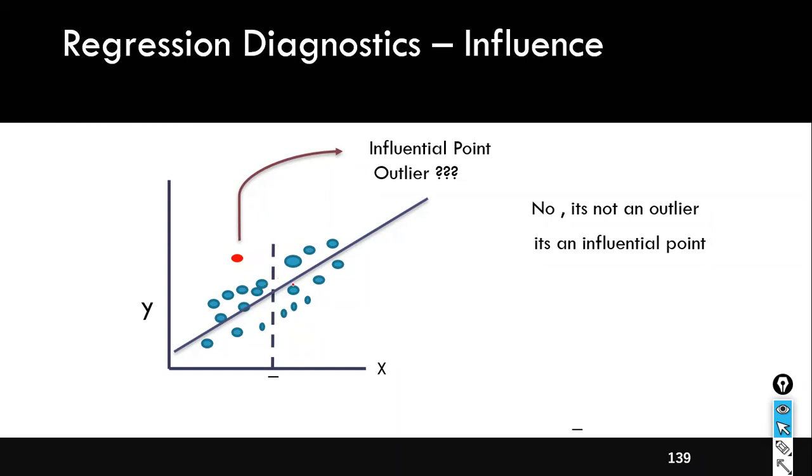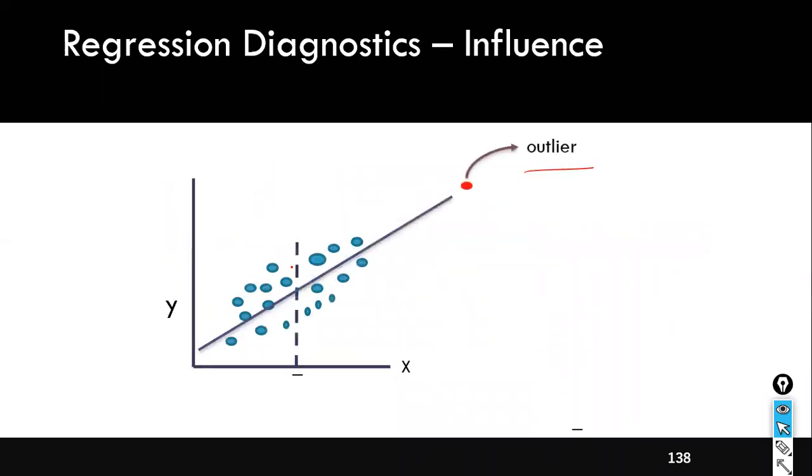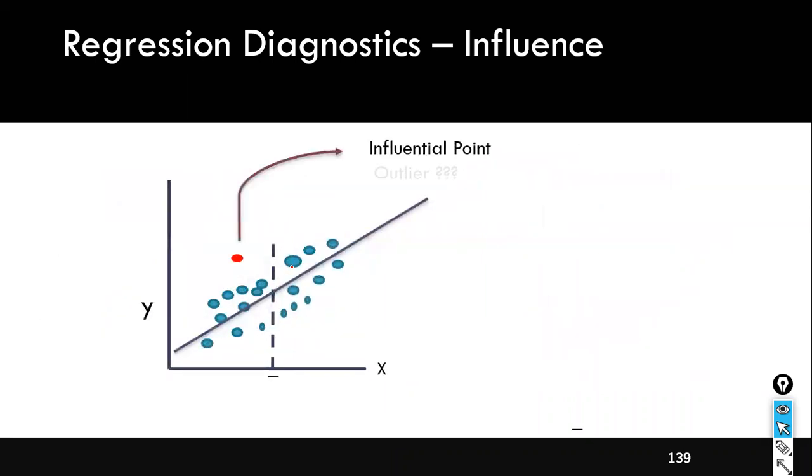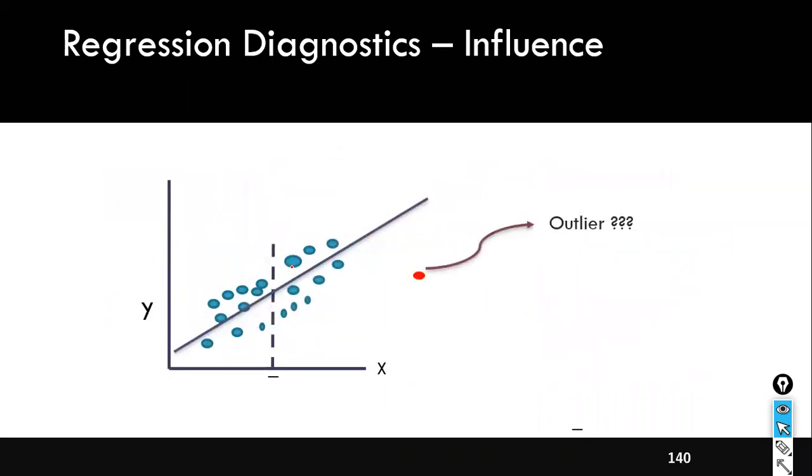It has an influence on the straight line, but in this case, though we have an outlier, it is not an influential point. But in this other case, we have an outlier, and the outliers are influential. And the next scenario is, okay, this is an outlier. Yes, it is an outlier and it is an influential point, just because this value is far off from the rest.